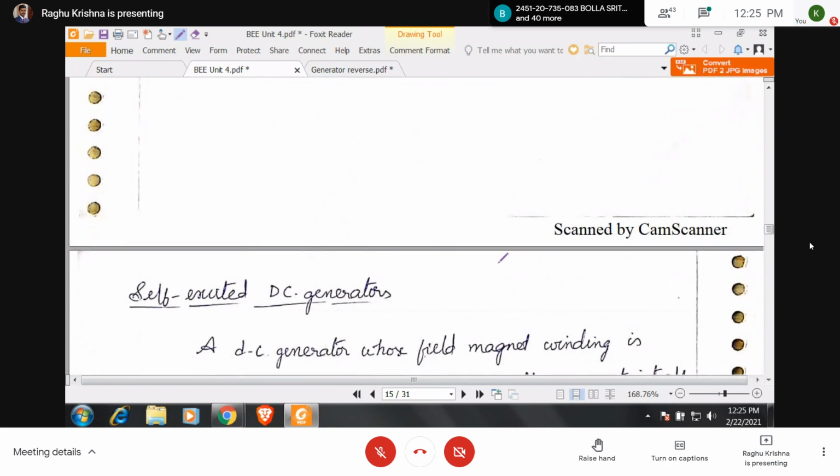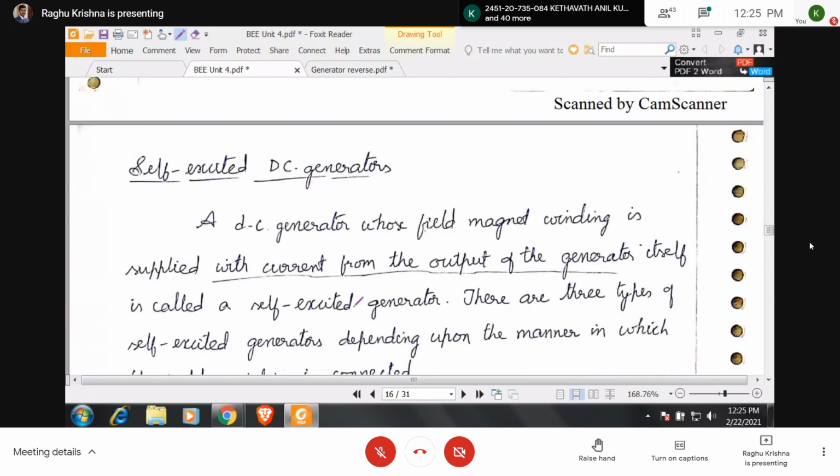So next, about self-excited DC generators. What is a self-excited DC generator? A DC generator whose field magnet winding, that is simply field winding, is supplied with current from the output of the generator itself is called a self-excited generator.